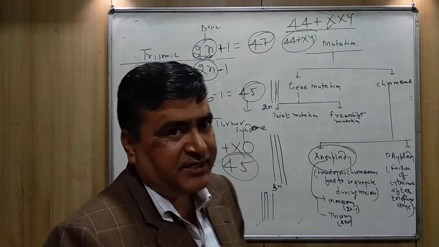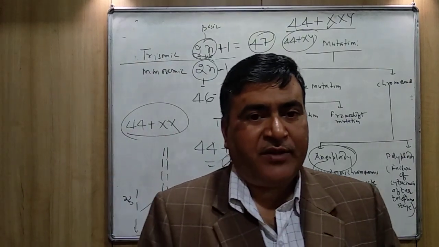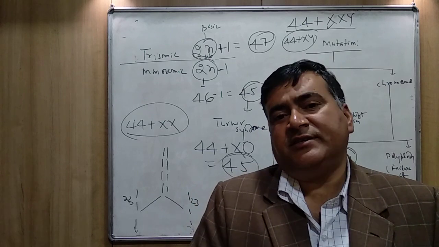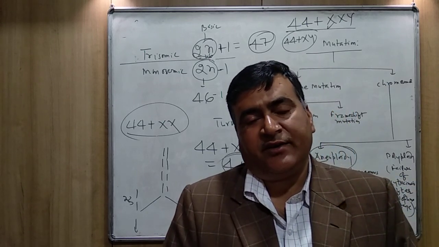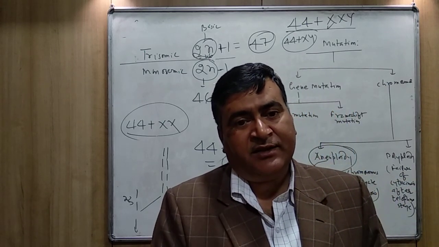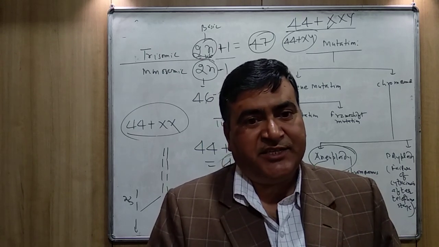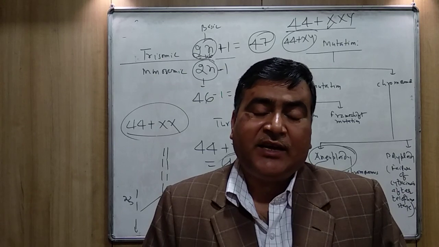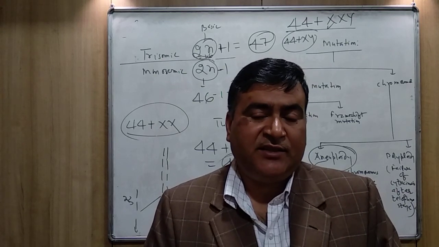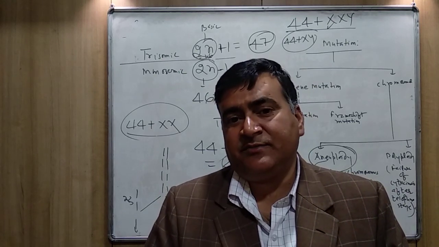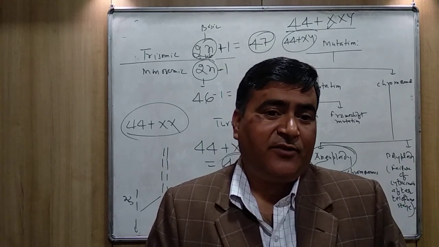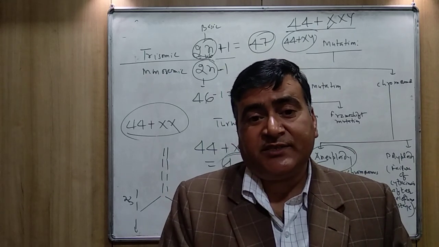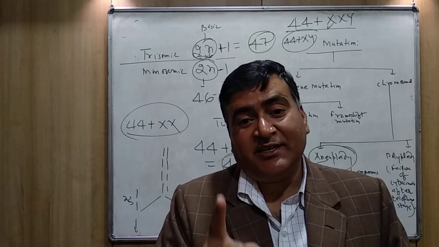Overall, in this chapter, the simple definitions are very important. What is mutation? Mutation is the process of change in the structure of the DNA. And the chemicals, or physical agents, or substances which are the cause of mutation are called mutagens.